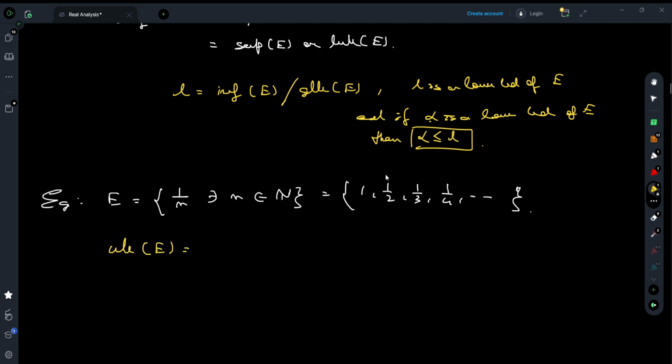Now what is the upper bound of E? Let us say what is the supremum of E instead, because that is the terminology we are going to use mostly. It is very evident the supremum of E is 1.